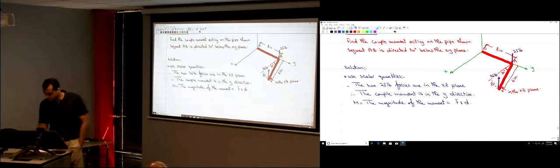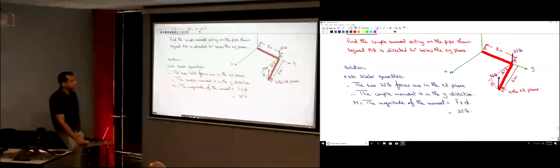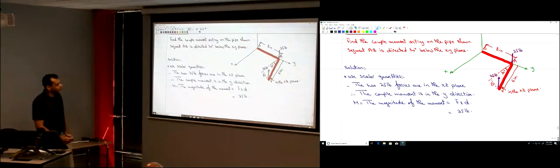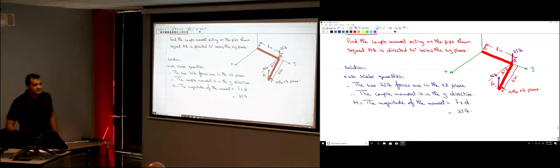How much is the force? 25 pounds. What's the separating distance? The distance perpendicular to those forces. Okay? Is it the 6 inches? No, the 6 inches is not perpendicular to their lines of action. It's inclined.